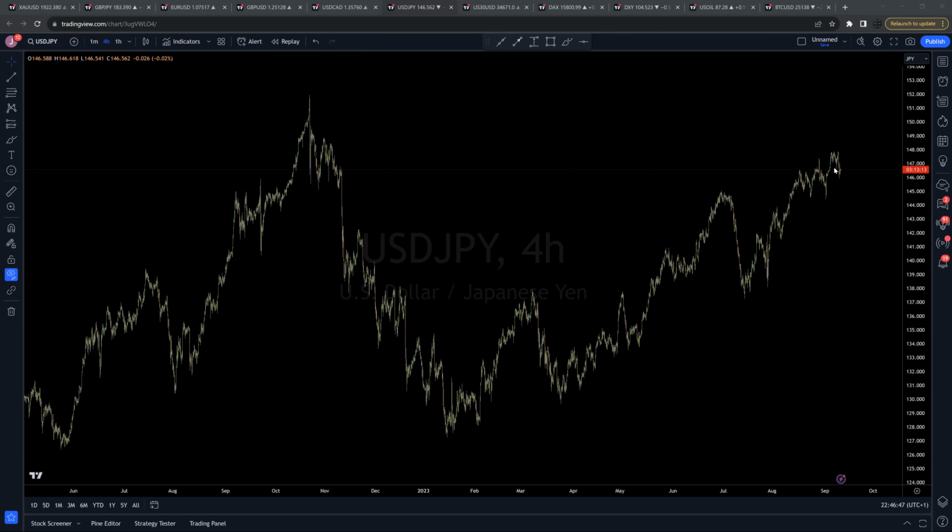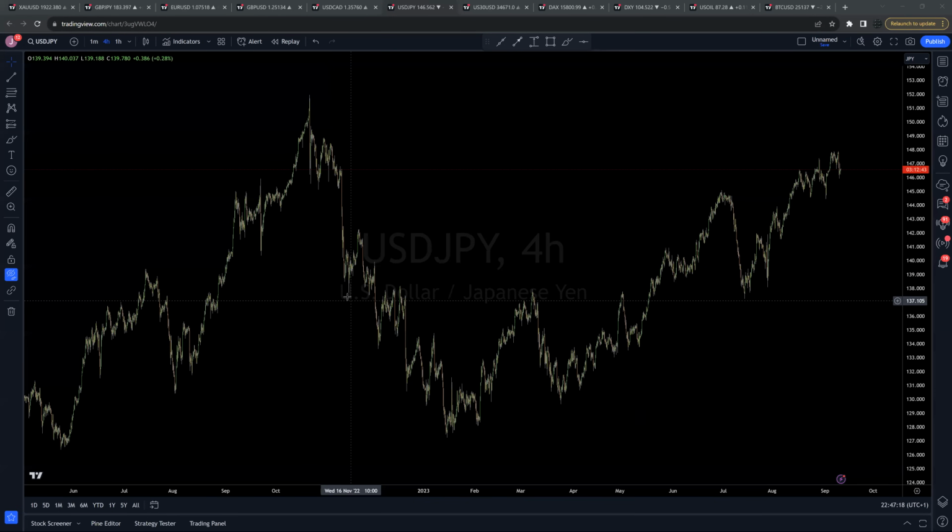So we may see UJ still holding bullish, but not really printing any new highs, just starting to create more of a higher time frame range. Because if UJ starts to go up too aggressively, too much, too fast, volatility-wise, right? What the Japanese government fears so much, we see in those Asian headlines every single day, then it's just going to lead to currency intervention and an inevitable, more aggressive correction.